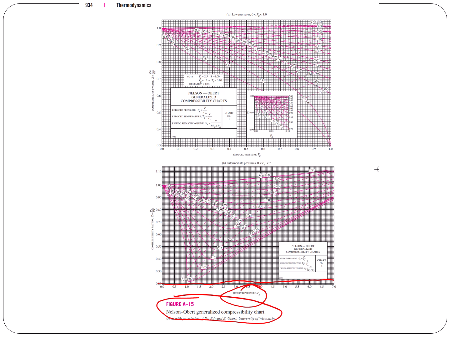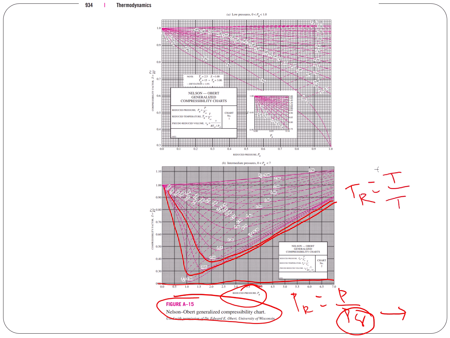Reduced pressure, as we defined before, is P divided by P critical. These critical values can be found from A1, and these lines, as I showed before, are reduced temperature, which is T by T critical, and there are some more additional lines.